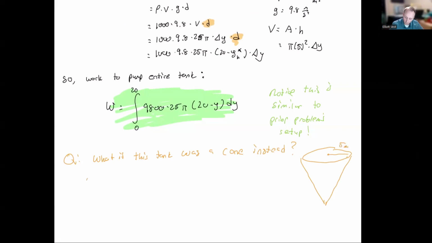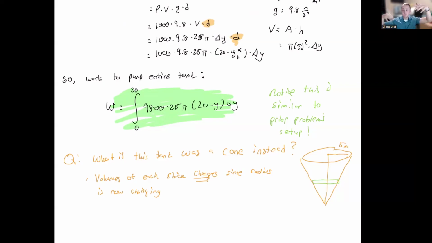Well, the volume of each slice changes since the radius is now changing. I don't want you to resolve all this again, but say we're looking at some slice right here.